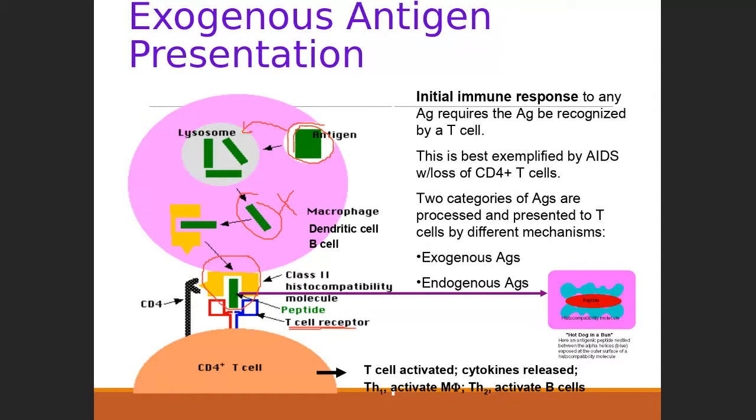So we attack it, we break it down, and we present it now so that our other cells can recognize it. This phagocytosis may have been part of the innate immune system, setting up our adaptive immune system for recognition and ongoing immunity down the road.